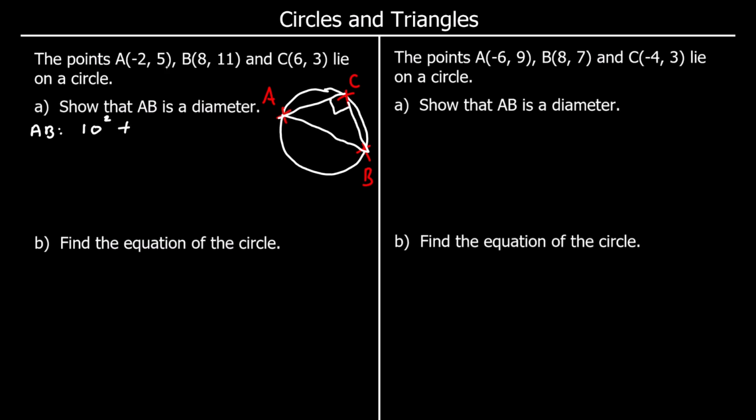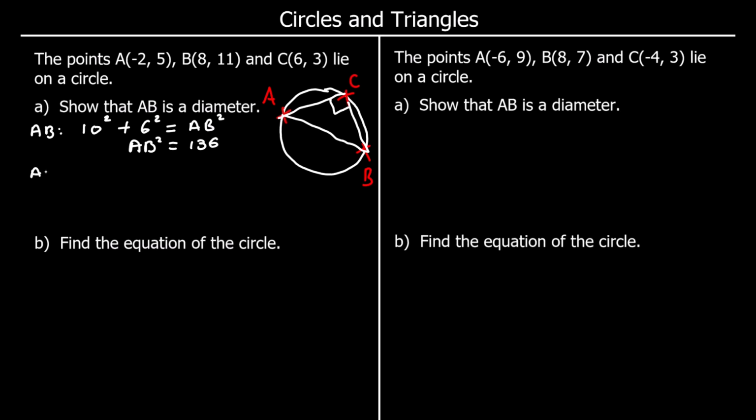Between the y-coordinates, 5 to 11 is 6. 10 squared plus 6 squared equals AB squared. So 100 plus 36 is AB squared. So I'll just write AB squared is 136.